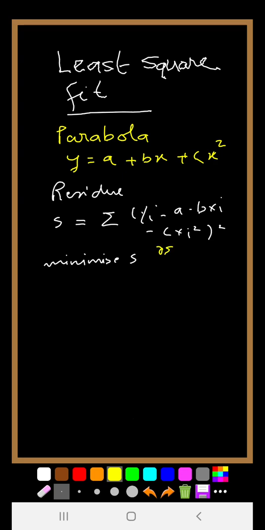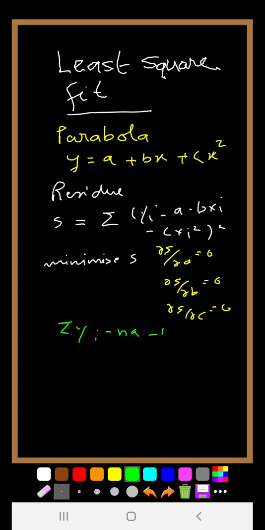First of all is del s by del a is equal to 0, then del s by del b is equal to 0, and then del s by del c is equal to 0. So for these three minimizations we get three different normal equations. First one is summation yi minus na minus b summation xi minus c summation xi square is equal to 0.